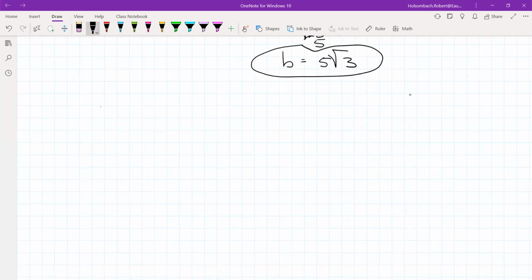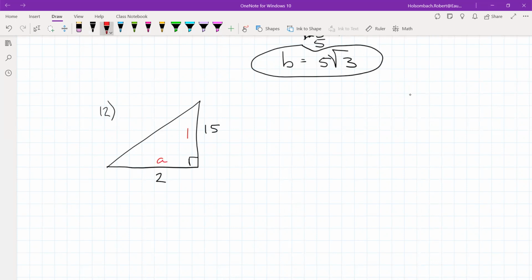Number 12. We're given both the legs, 2 and 15. Labeling again, A, B, and C. So 2 squared plus 15 squared equals C squared.